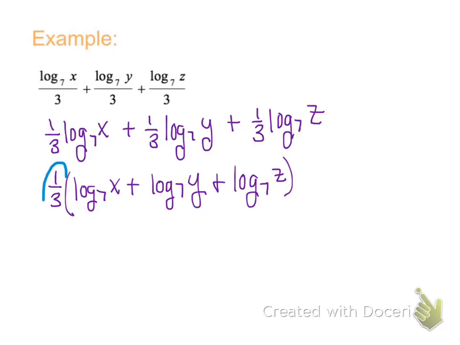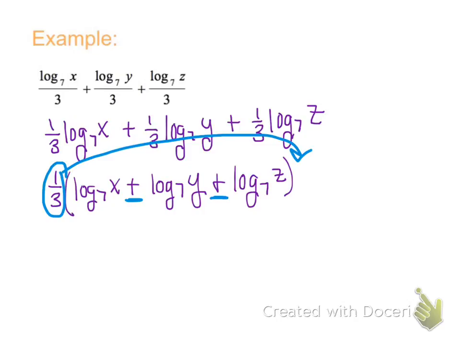So now I'm going to take my power rule, I'm going to bring that back up as an exponent, and the plus signs, if you look back to your notes, mean multiplication, and they all have the same bases. So that's why I can do all of this.